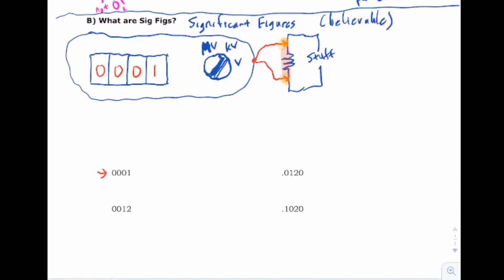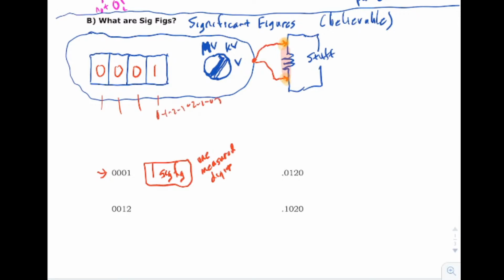Anyway, so I got this 0001. I think you'll agree with me that this is one significant figure, and you might think of it as one measured digit. Only one of these digits is actually measured. The reason these are zeros is because you don't have enough of a signal to trigger that. Maybe it's wavering a little bit, maybe this is going 0, 1, 2, 1, 2, 1, 0, 1.